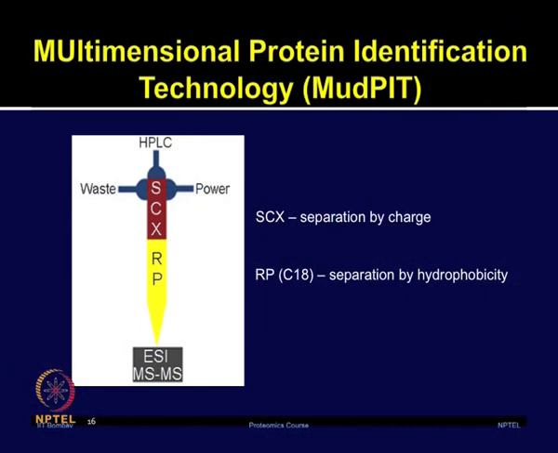As I mentioned, strong cation exchange as well as reverse phase chromatography together can be employed for various proteomic applications, which have been demonstrated in the multidimensional protein identification technology, or MudPIT. In this technique, strong cation exchange separates by charge, which provides low resolution fractionation in the beginning, and then a reverse phase C18 column separates peptides based on hydrophobicity and provides a high resolution gradient.